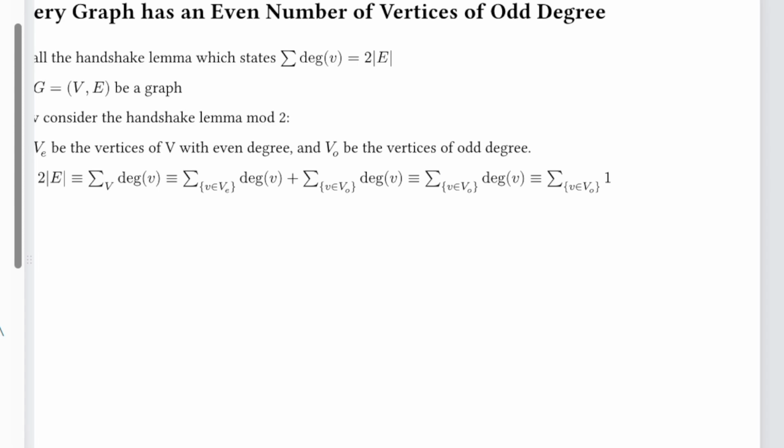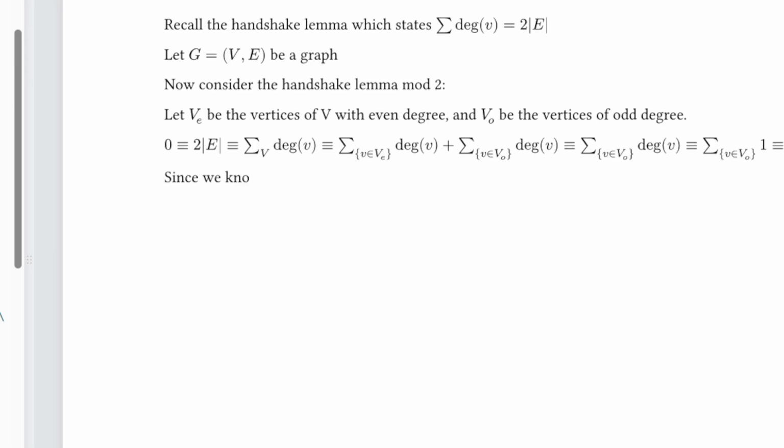And so, what this is equivalent to is the size of V_O. Yeah, this is equivalent to the size of V_O. And now since we know 0 is equivalent to the size of V_O, the size of V_O must be even.